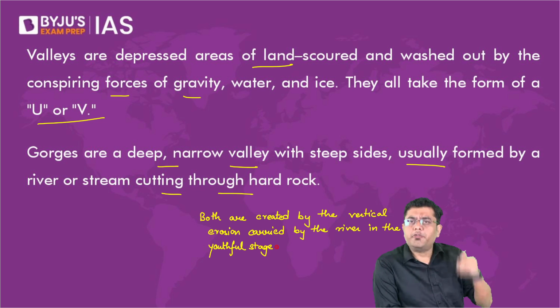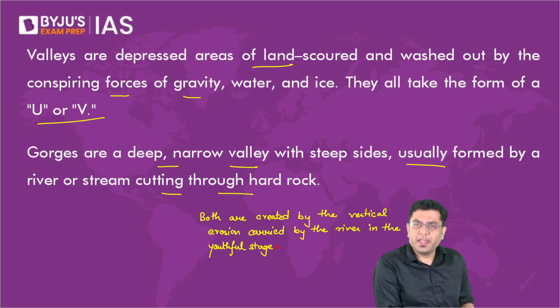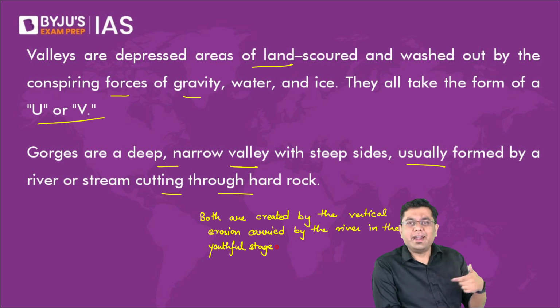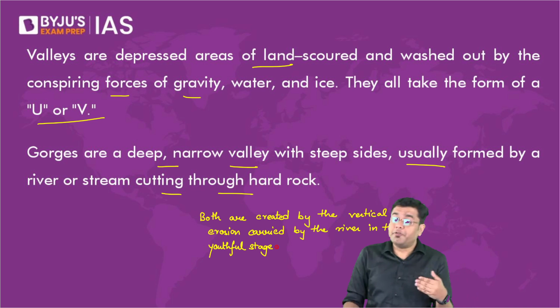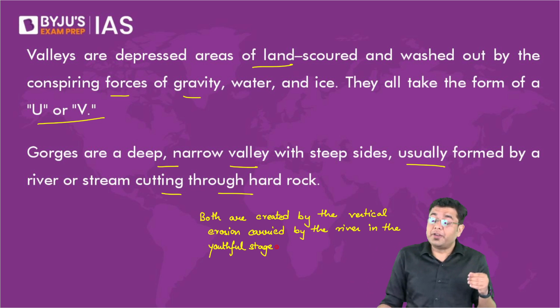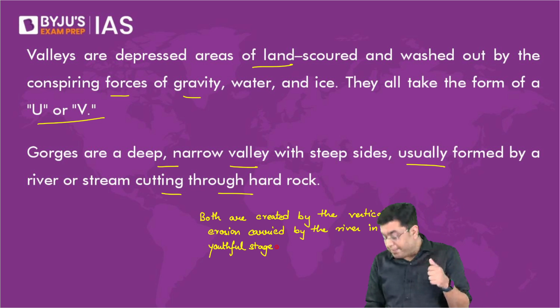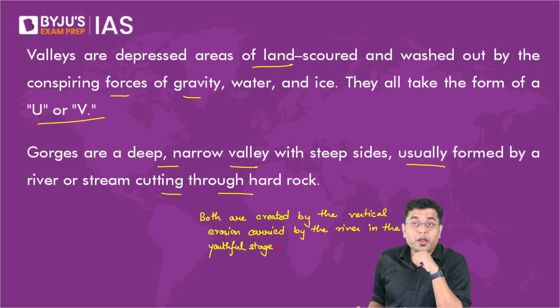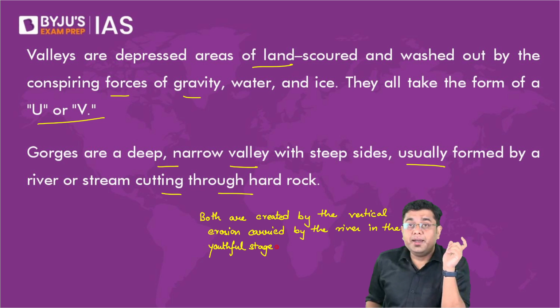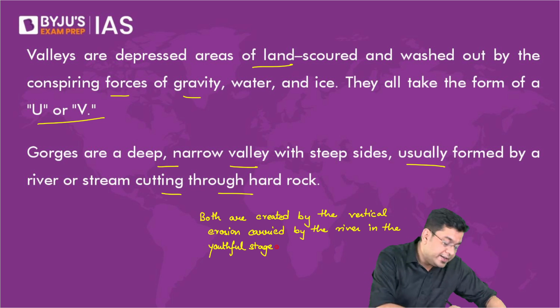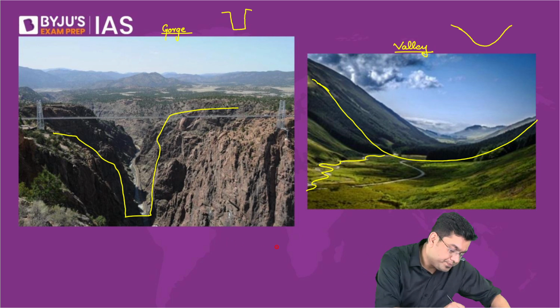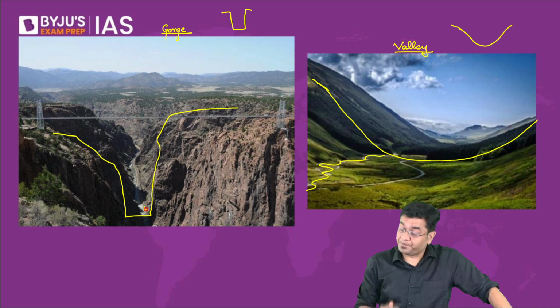After a long period of time, in many of the cases, the gorges can get converted into valley-like structure. Whenever you have a vertical down cutting, that creates very deep gorges initially. For example, when you have river Indus crisscrossing the Himalayas. Now that river Indus crisscrosses the Himalayas in such a way that in certain areas, the depth of the bottom of the gorge from the surrounding mountain is as much as 5,000 meters.